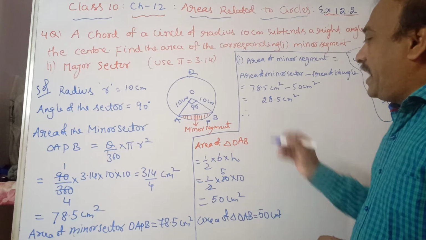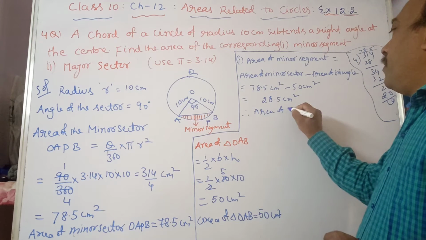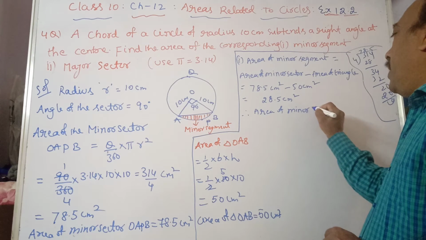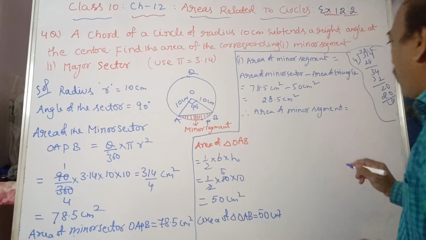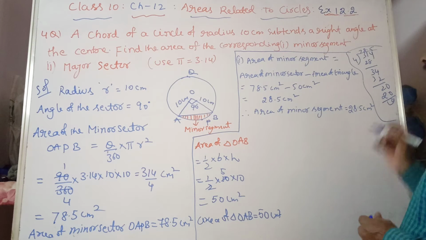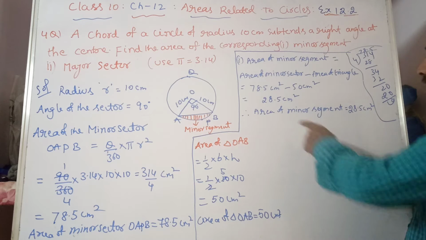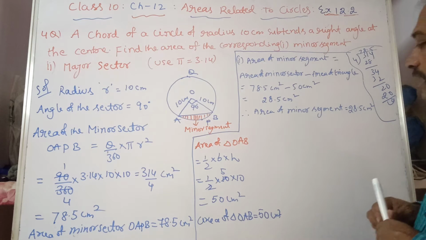This is the area of the minor segment. Area of minor segment is equals to 28.5 centimeter square. Do you understand here?